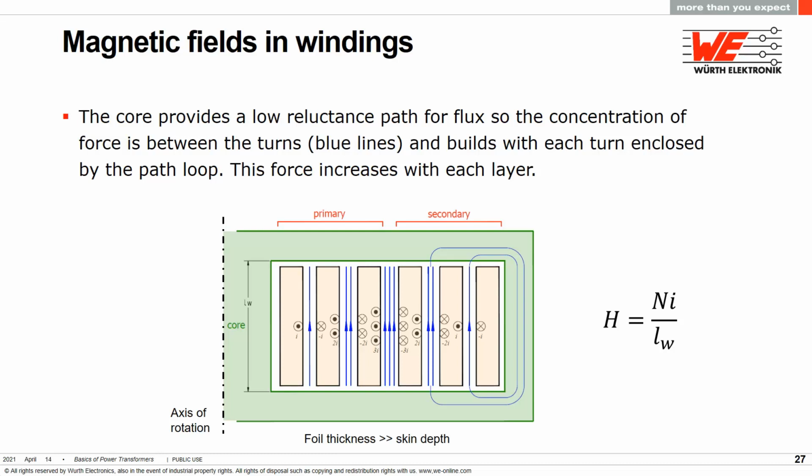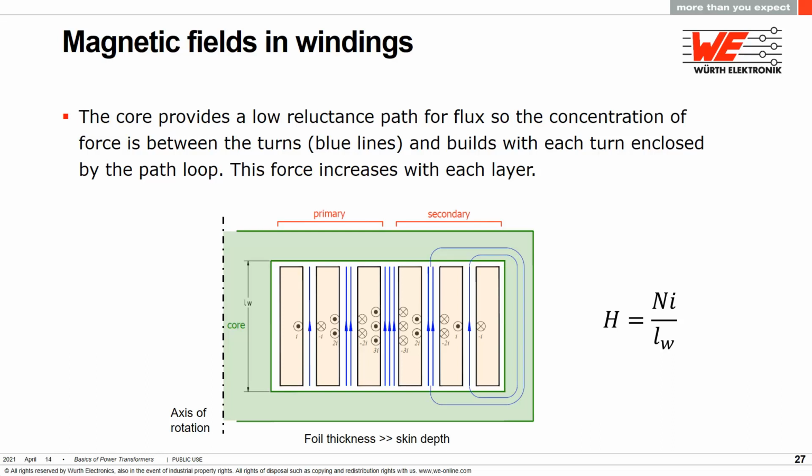In a transformer, almost all the magnetic flux is in the core because of its high permeability. In the winding space, the permeability of the conductor, the insulation, and the spaces are practically the same. There is leakage flux and flux created by the winding currents. To simplify, I'm showing here a cross-section of a transformer with 3 foil turns for the primary on the left and 3 foil turns for the secondary on the right.